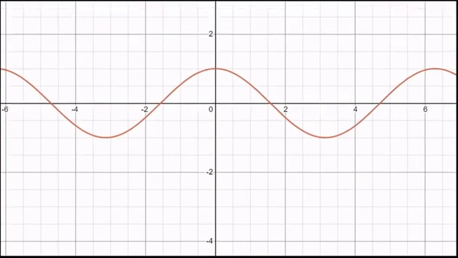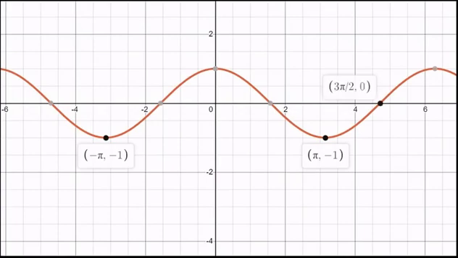At this pi value, how much am I getting? Minus 1. Similarly, at minus pi, what am I getting? Minus 1. At 3 pi by 2, how much am I getting? 0. So at minus 3 pi by 2 also, I should get the same value. Am I getting the same value? Yes. So this is an example of an even function.